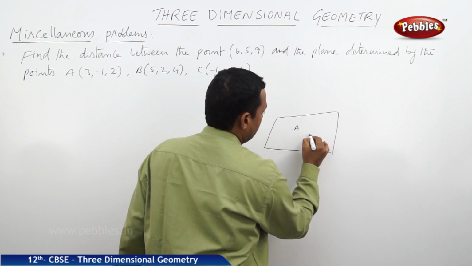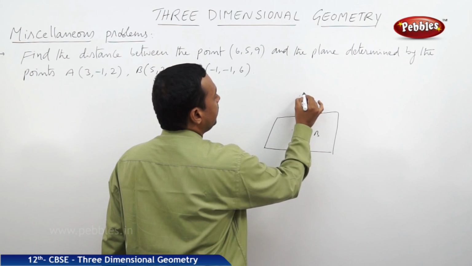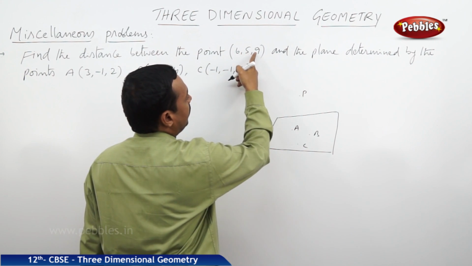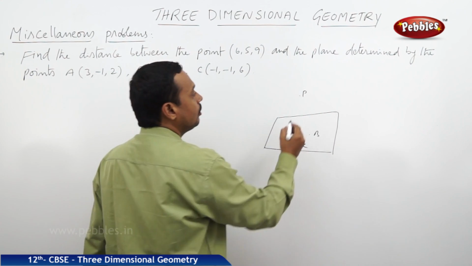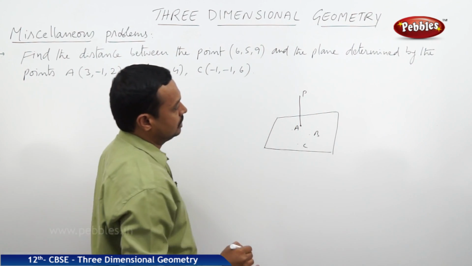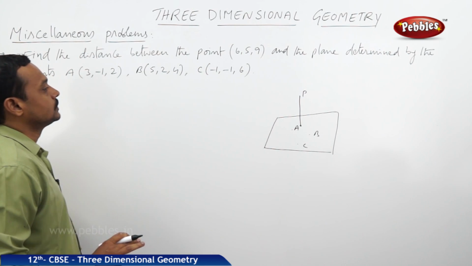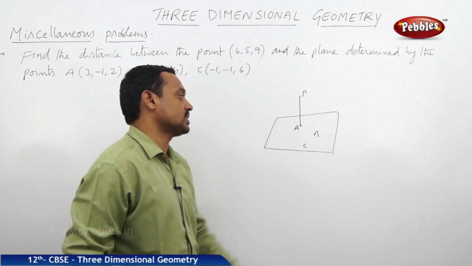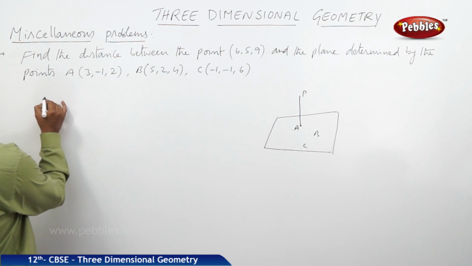Here A, B, C are 3 points and P is the point whose coordinates are 6, 5, 9 outside of the plane. Now we have to find the perpendicular distance from the point to the plane. For this, we have to find the equation of the plane first. What is the Cartesian equation of the plane?